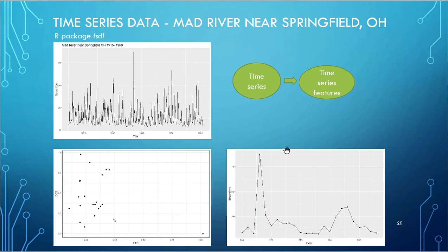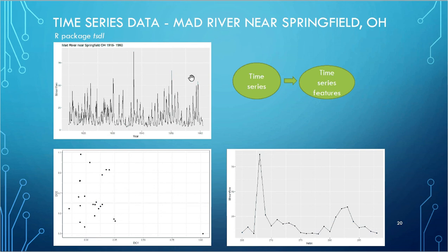So the next example is using time series data. DOBIN needs to be used on independent observations, so we are generally having a rectangular data set in our mind.